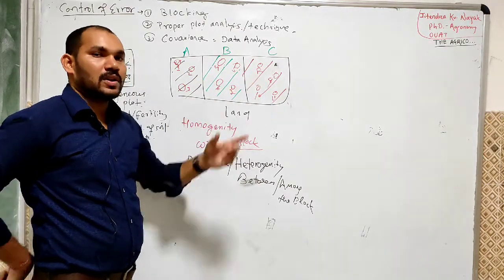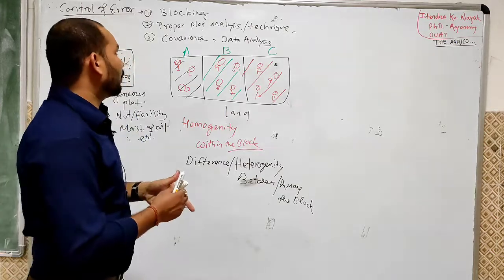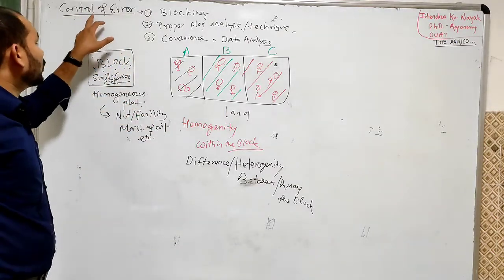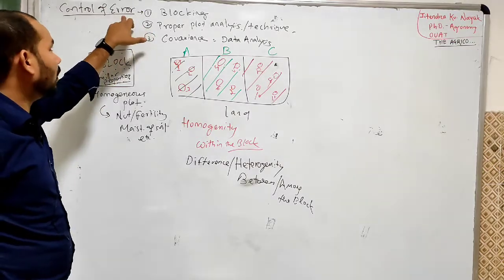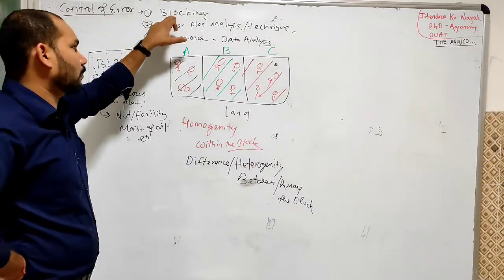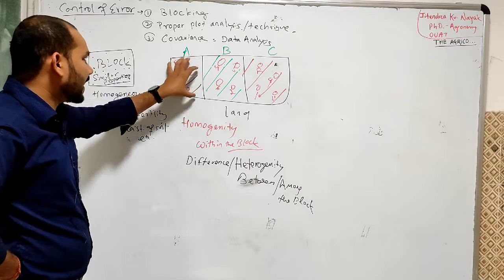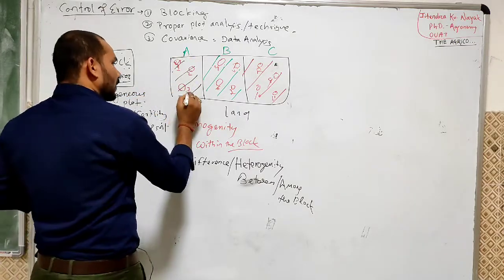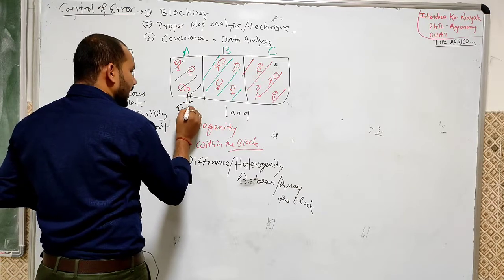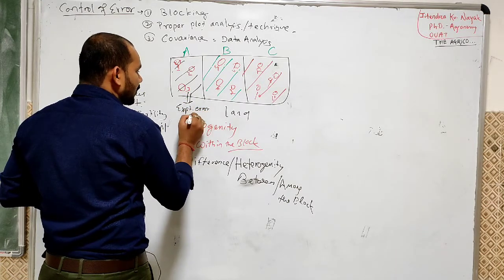So I have told that to control the error, for minimizing the experimental error, we have to go for blocking. Now this A block is similar, so the experimental error is also minimized.